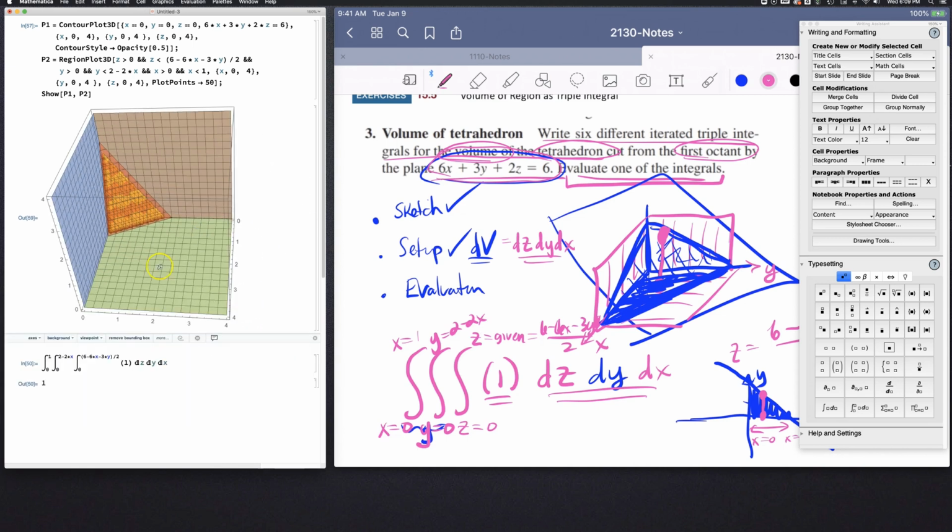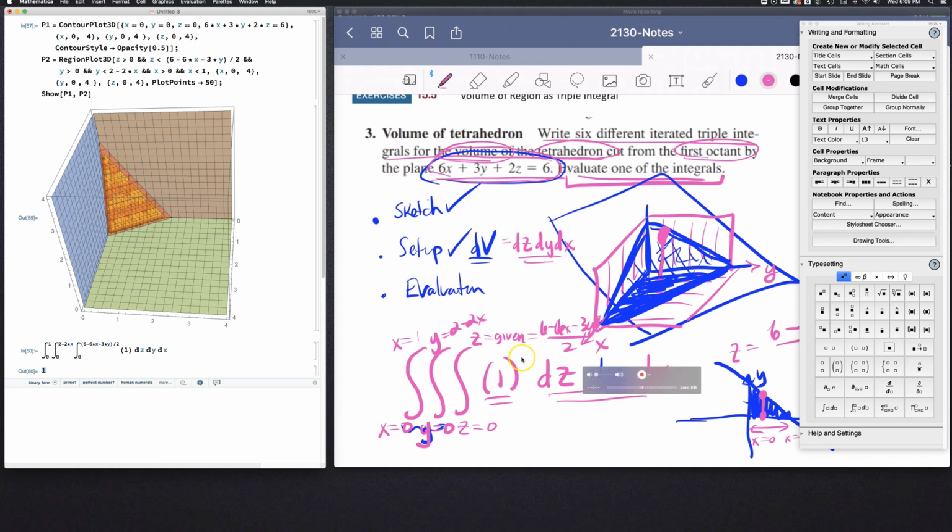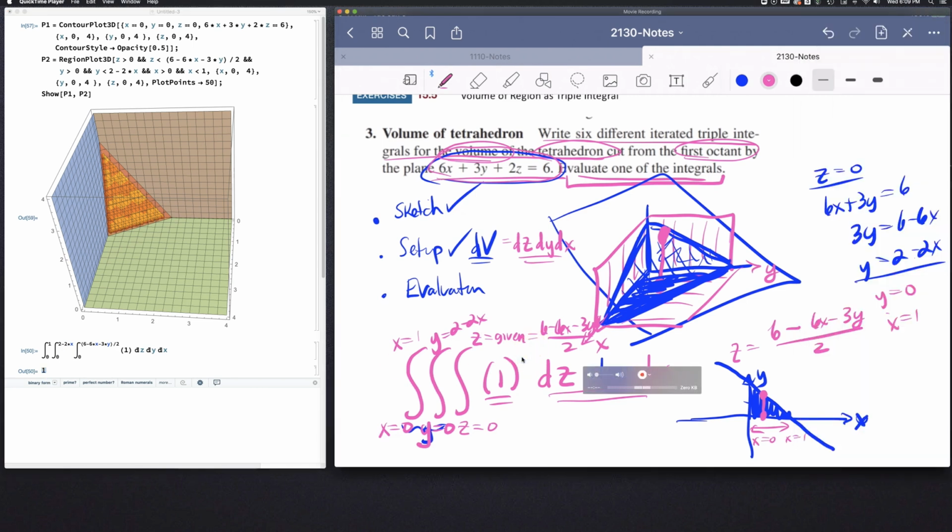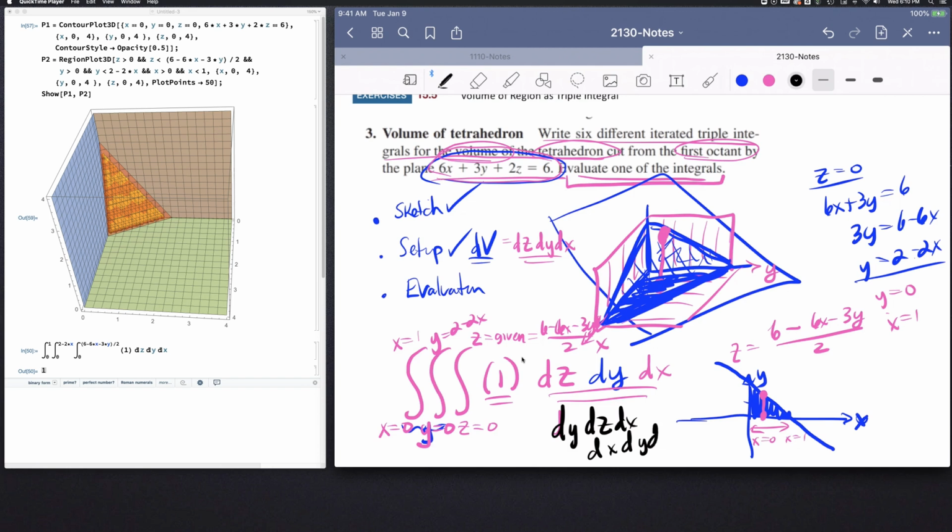So that tells me all 6 of the limits of integration I've done are correct, and the computer checks that that volume is equal to 1. And so when you try, for example, some of the other orderings, like the dy, dz, dx, or the dx, dy, dz, right? You should also get 1 for your integral. I will leave that to you.